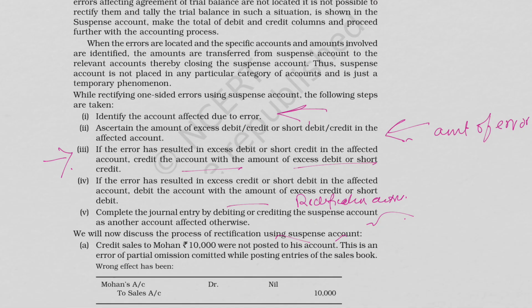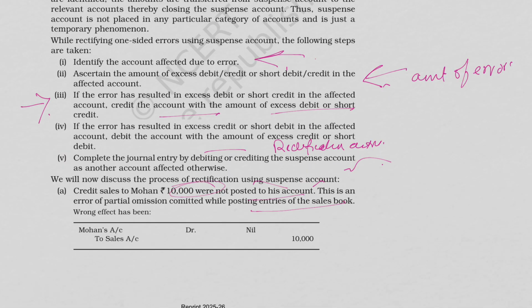Here we have credit sales to Mohan rupees 10,000. It was not posted to his account. So this is an error of partial omission committed while posting entries from the sales book. The correct entry should have been Mohan account debit rupees 10,000 to sales rupees 10,000. But here Mohan's account was not debited.